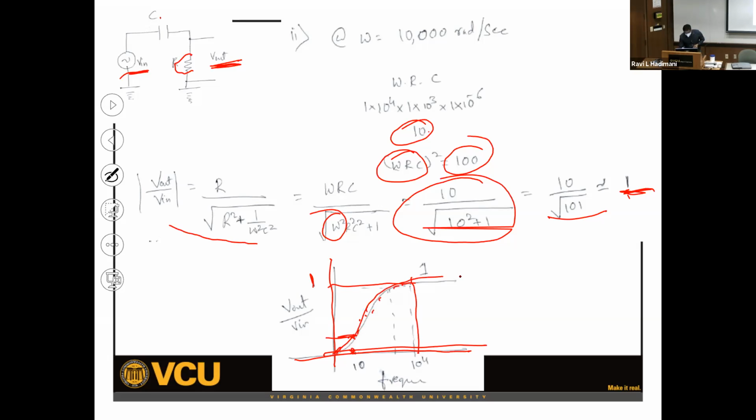That means at high frequency, your ratio of V out to V in is equal to 1. Okay, so this is what you need to show. If I give you a circuit and say, show me whether it's a high pass filter or a low pass filter, you need to calculate for different frequencies and show it in a graph like this. Okay.